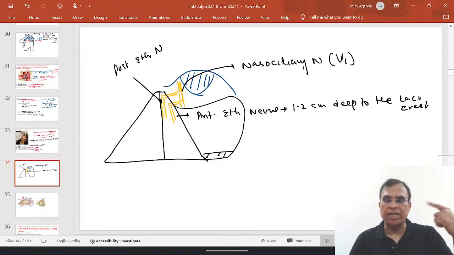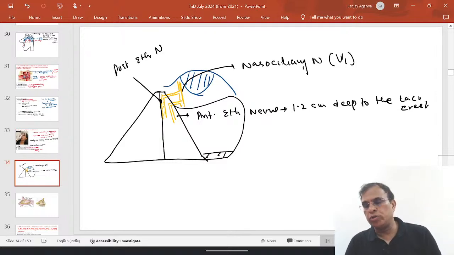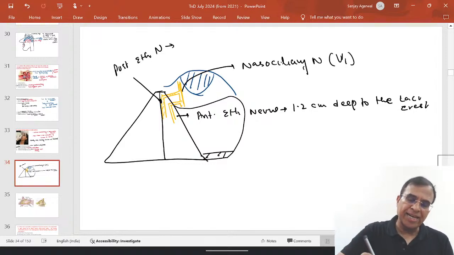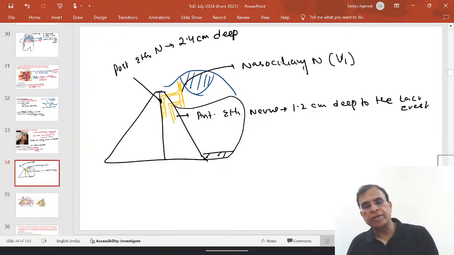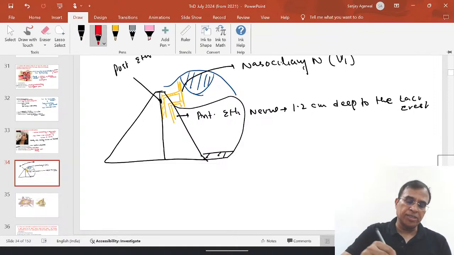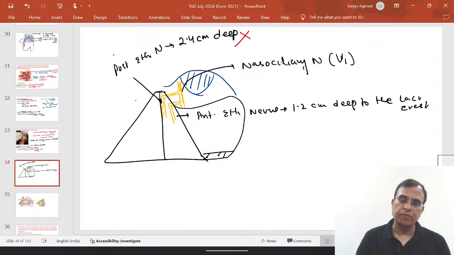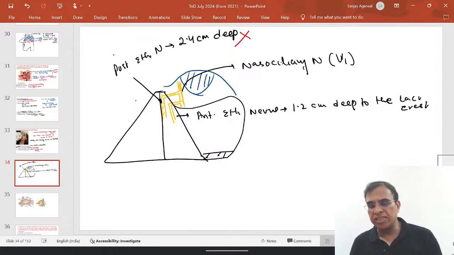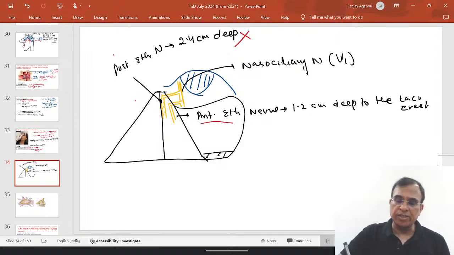This bone that you see is the lacrimal crest. 1.2 centimeter deep is the anterior ethmoidal nerve, and the posterior ethmoidal nerve lies 2.4 centimeter deep to the same area. Now we are not interested in blocking that nerve, because it's an insignificant nerve. It supplies a very small part of the nose, so you don't have to block it. So we are interested in blocking this nerve.